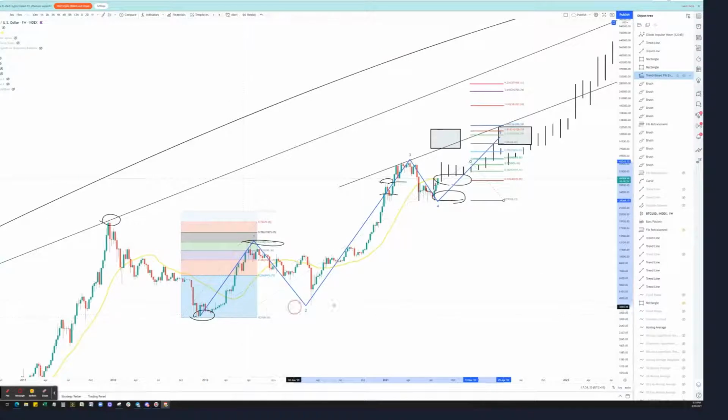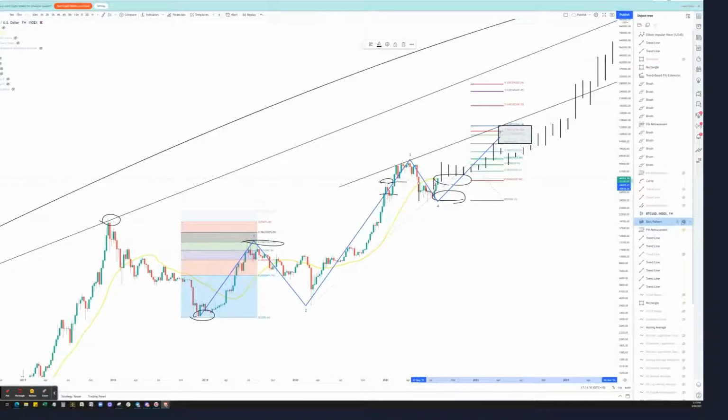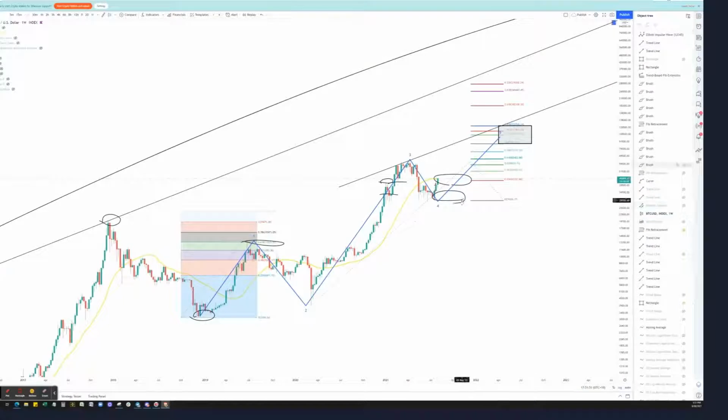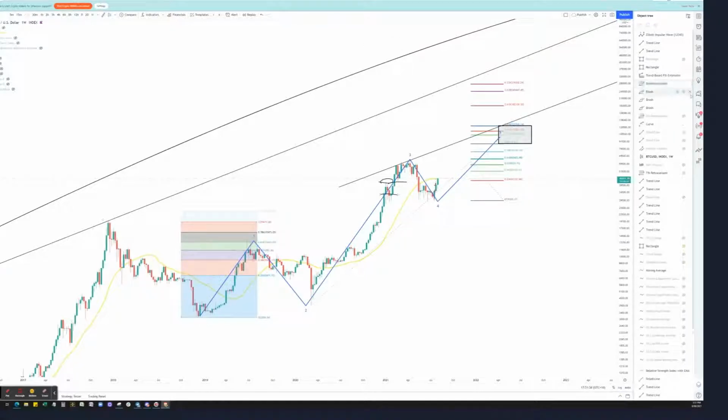So this one here, just to be perfect, right? I'll just put that away for a sec. I'll get this, put that away. Got a few of those on it. I like a clean chart.